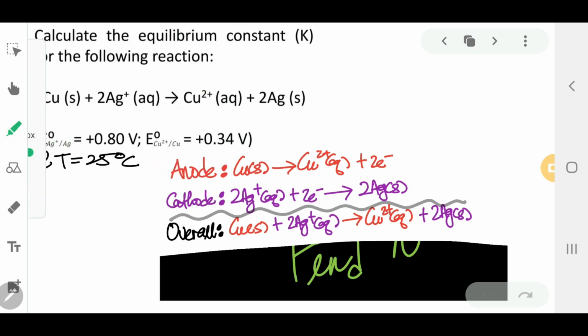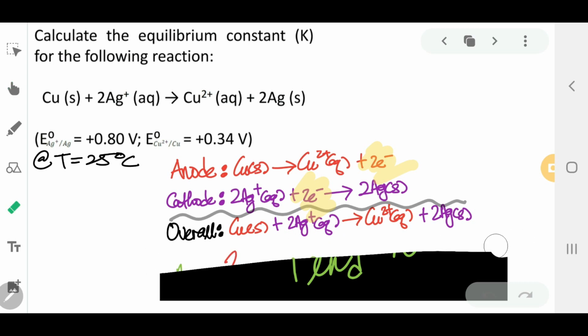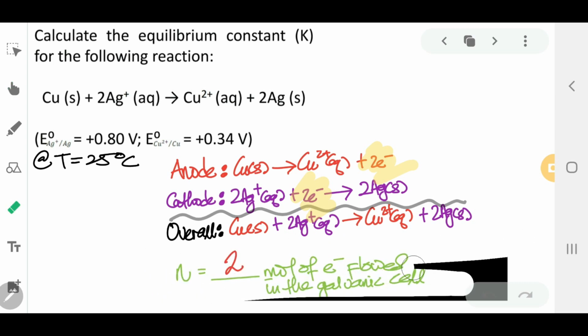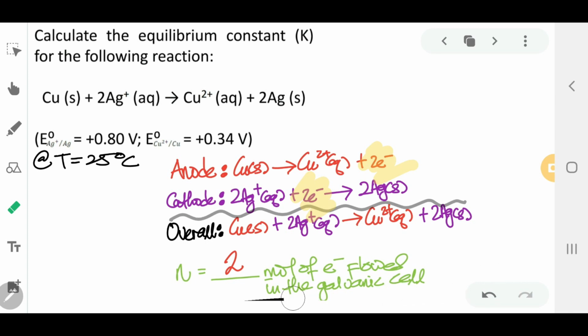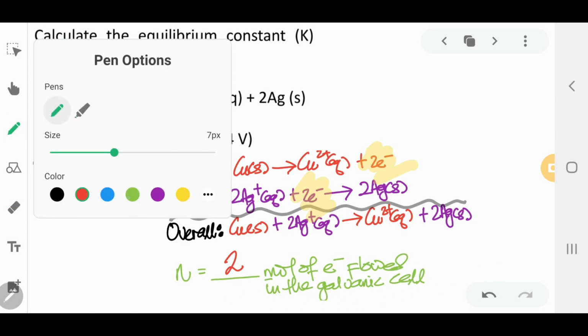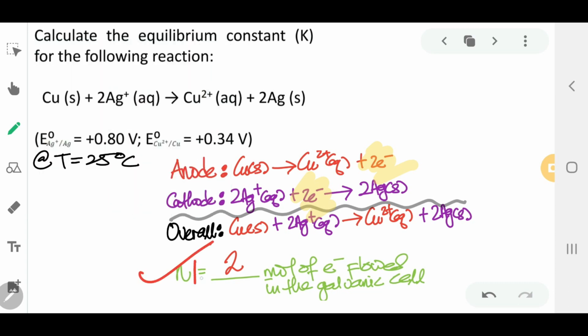What we can see here is 2 moles of electrons flowing in the reaction given in the question. So we have 2 moles of electrons flowing in the galvanic cell. By writing that, you get 1 mark for identifying the number of moles of electrons flowing in the galvanic cell.